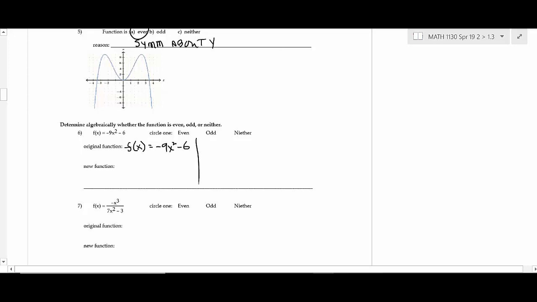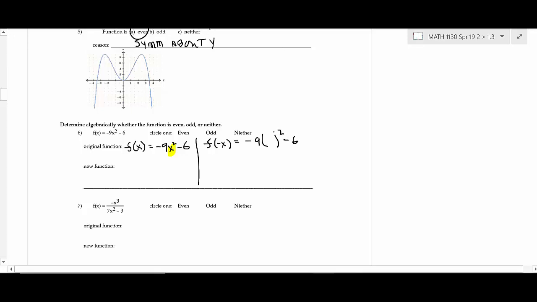Over on this second column, this is the way I want you to learn to write your proof. You've got to do it this way because a lot of times students write stuff on their paper and I'm not following that those students understand it. So the first thing we do is write f of -x. Everywhere you see an x in that function, replace it with parentheses -x. So we'll have -9.